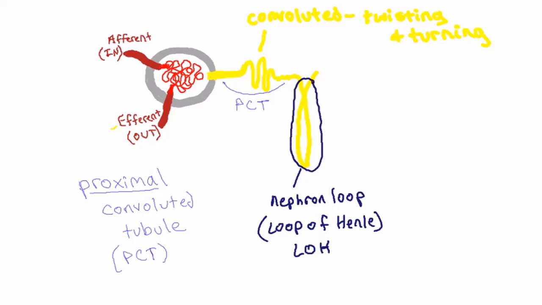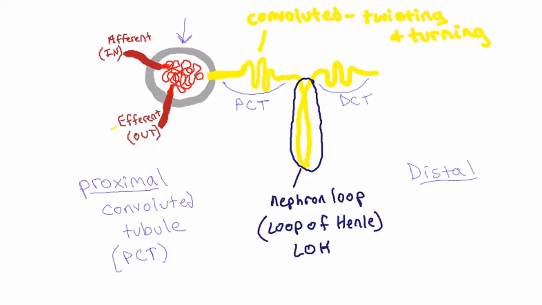And then after the loop of Henle, it does some more convoluted twists and turns, and that is called the distal convoluted tubule, the DCT. Distal means distant, so it's distant from the renal corpuscle.